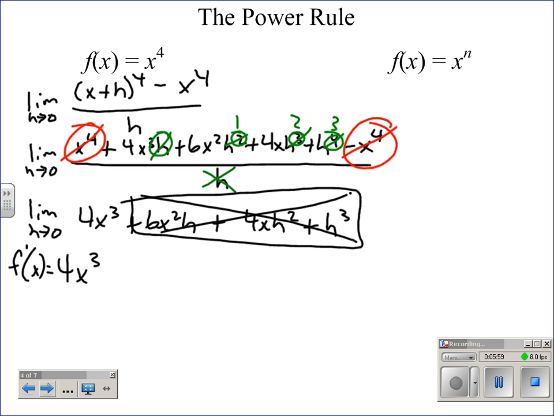So this seems to be true. When finding the derivative of x to any power n, you multiply x by n and then reduce n by 1. So the derivative is nx to the n minus 1.